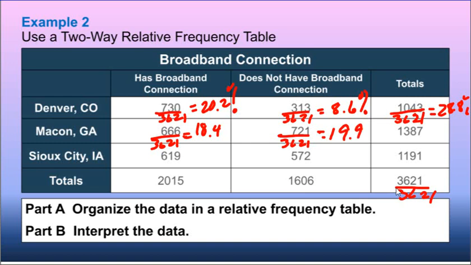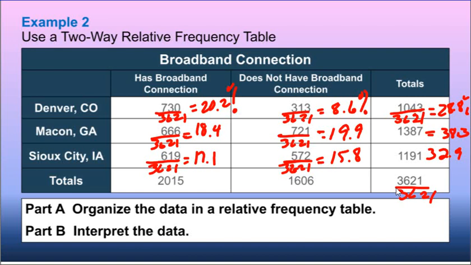If I were to add those together, so 18.4 plus 19.9 gives us 38.3%. 619 divided by 3621 gives us 17.1. 572 divided by 3621 gives us 15.8. And if you did 17.1 plus 15.8, we get 32.9.